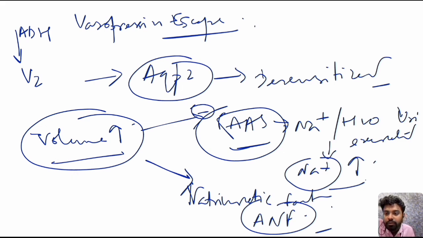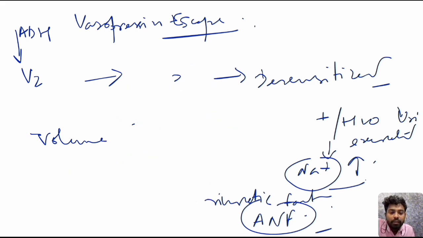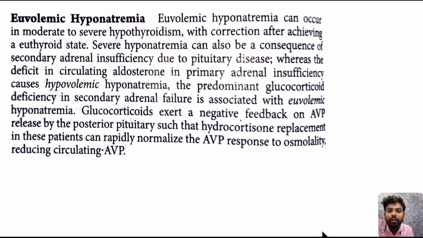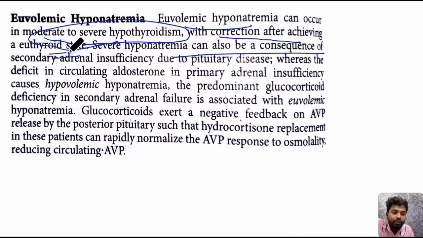So we'll see other situations. Now coming to euvolemic hyponatremia, another situation is hypothyroidism, in moderate to severe hypothyroidism. Mostly hypothyroidism is nowadays diagnosed much earlier, so we don't see such situations. I have seen two or three such cases in my PG life. Even after achieving a euthyroid state, severe hyponatremia can occur.